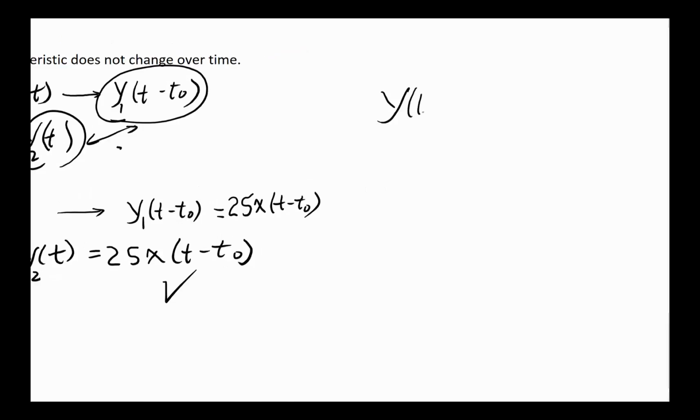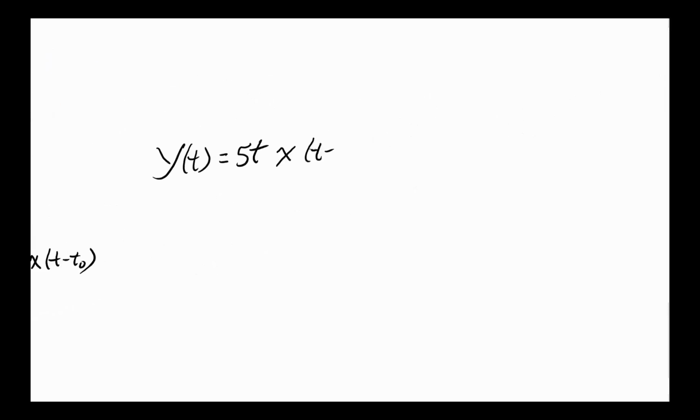All I have to do is, if I take the t out, then I've got the same system, a similar system, but this is time variant, because if I shift this, I'll get y1 of t. y1 of t is equal to t minus t0, shifting it by t0, 25 of t minus t0 times x of t minus t0.